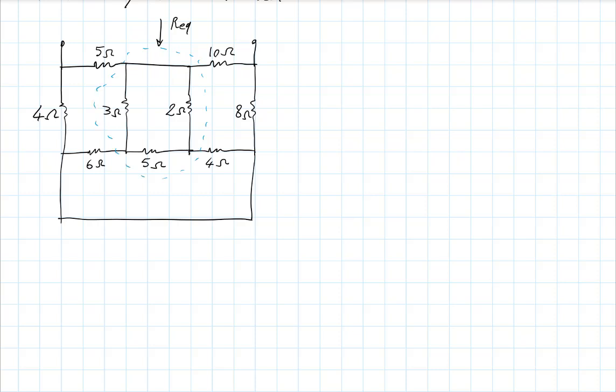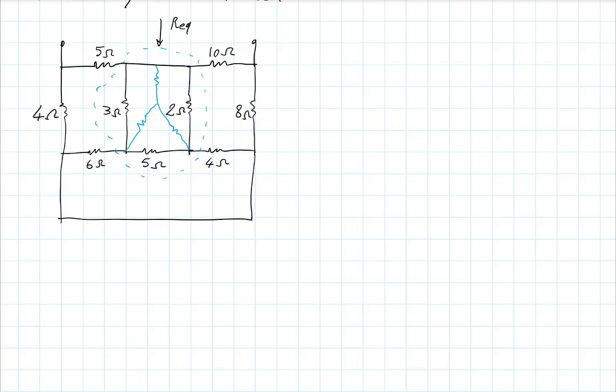this, which is a delta. And so you could replace this with a Y shape, right? And that would be like this. So if I replace that delta with a Y, things start to look a little different. And then maybe I can start doing some combinations.